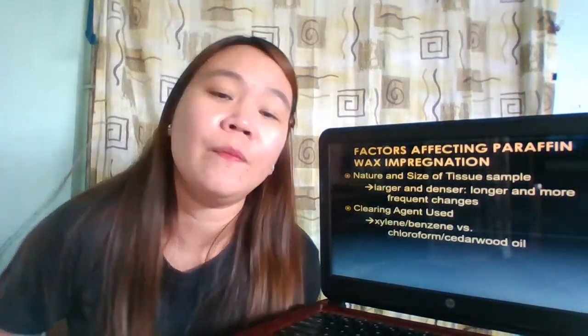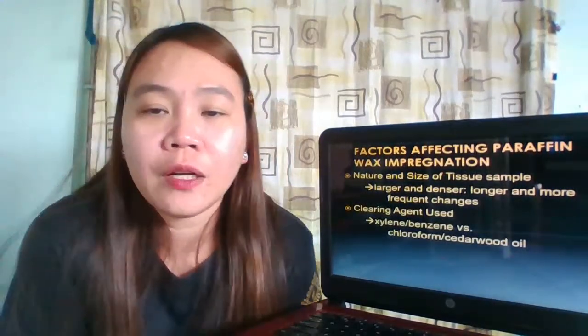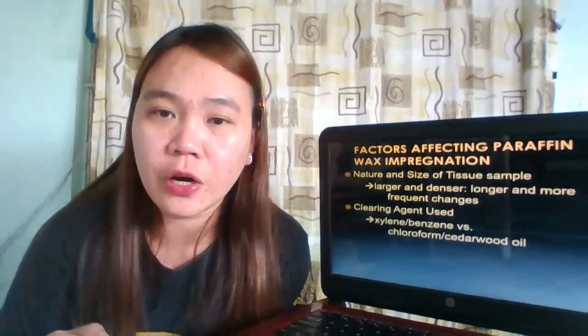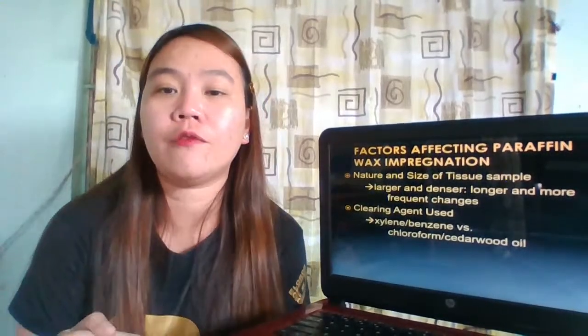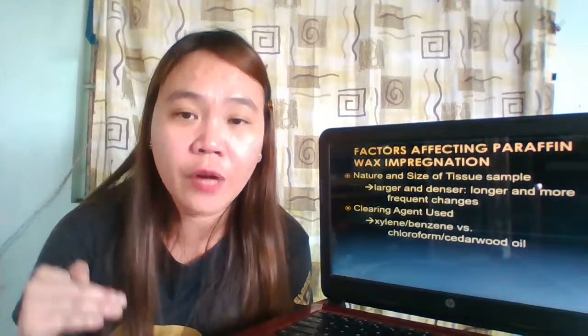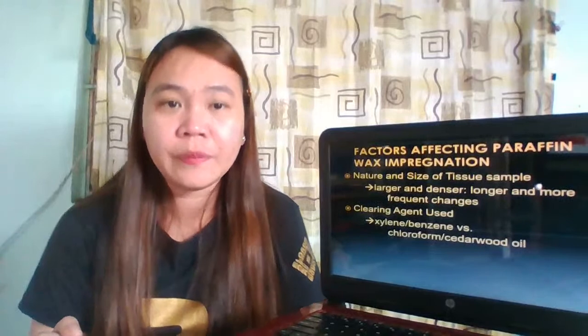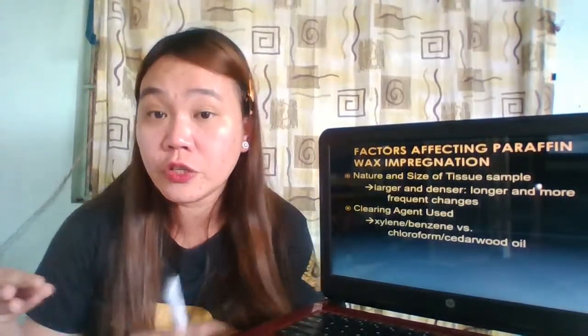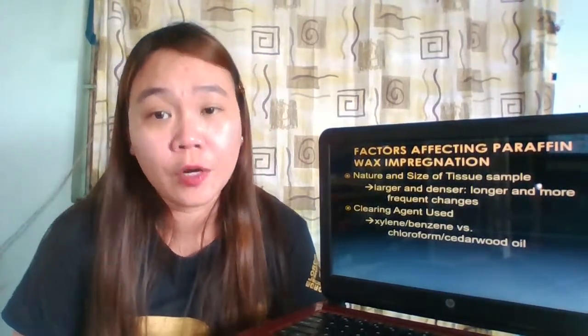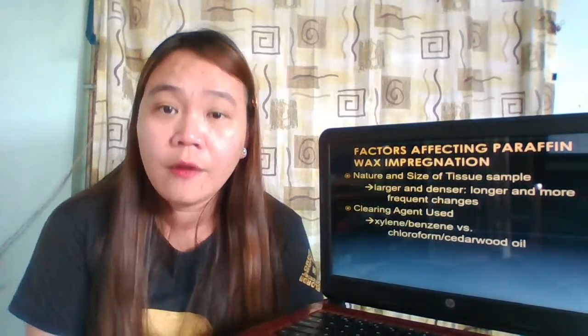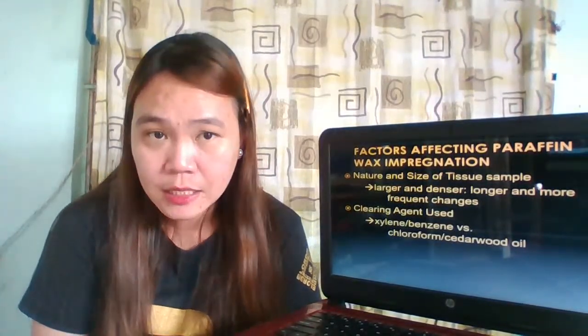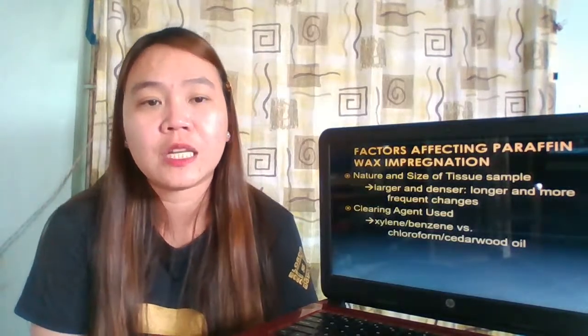For tissue samples which are denser and larger, we make use of longer impregnation time and more frequent changes. So I repeat, longer duration of the impregnation process, and more frequent changes.